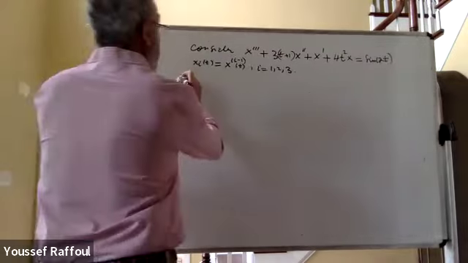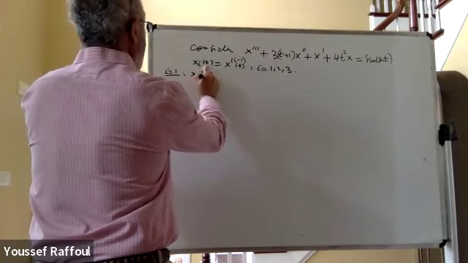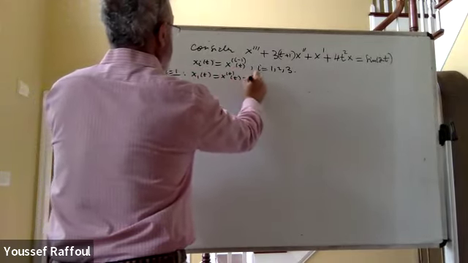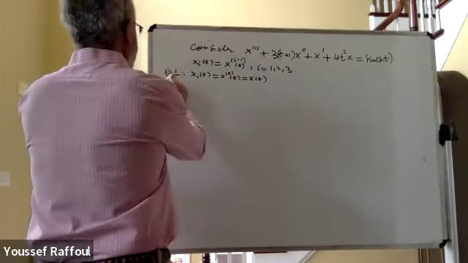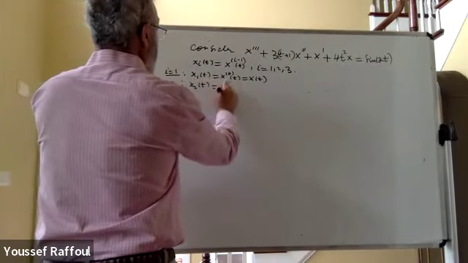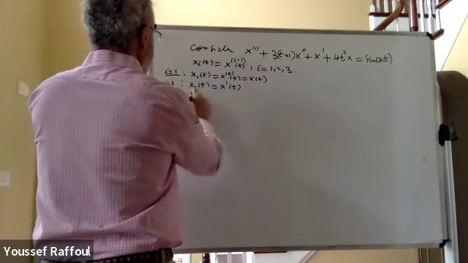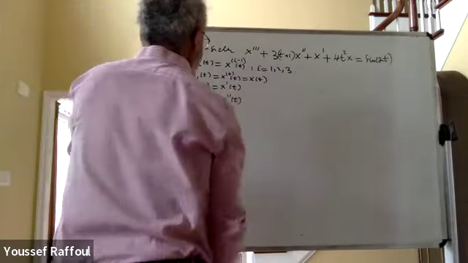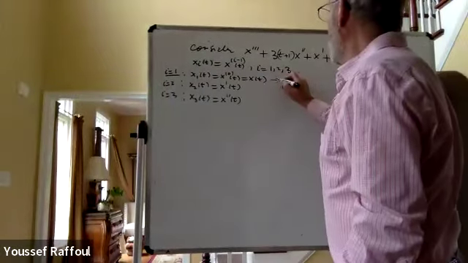And therefore, for i equal 1, x1 of t equal to x0 of t equal to x of t. For i equal to 2, x2 of t equal to x prime of t, and for i equal 3, x3 of t equal x second of t. Well, this is not the end of it. Now you need x1 prime.